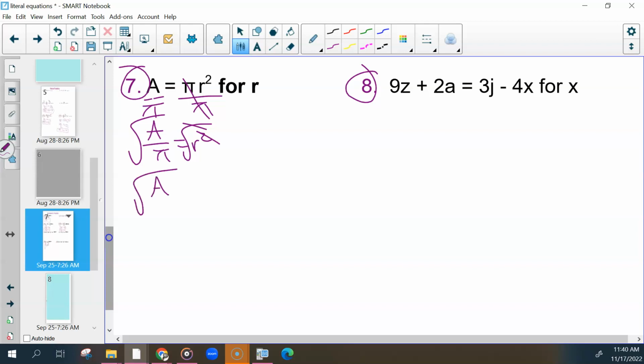So the square root of a over pi equals r. So it depends on what the problem is asking you to find. If it was asking you to solve for pi, you wouldn't take the square root. It depends. Do we have any questions on that one?